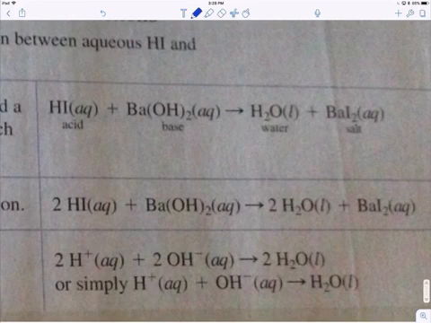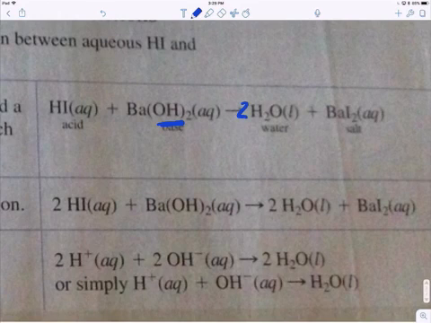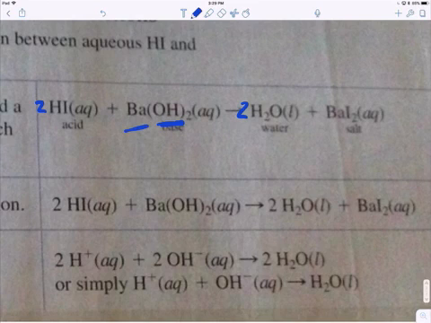Since there's 2 hydroxides here, there's going to be 2 waters there, and then there's going to be another 2 hydrogens there. So you can balance it that way using those units. And then the barium and the iodine are already balanced. So one barium here, 2 iodines, 2 times 1 there for the iodine. So it's all balanced.